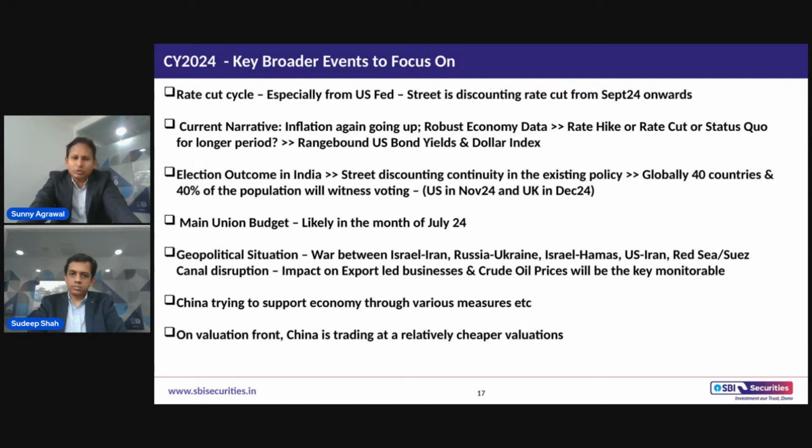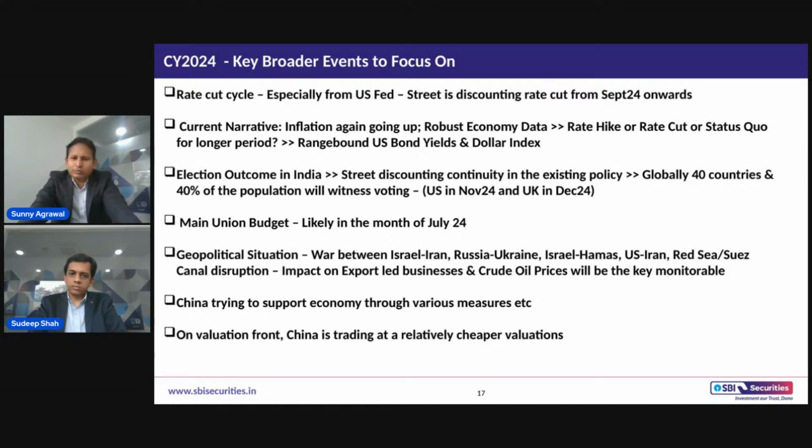Once the US Fed starts reducing the rate, we will see a snowball effect across the emerging markets. Money will start flowing back from the US bond portfolio to emerging market equities like India. At the same time, right now the narrative in the US is that inflation is slightly inching up. However, the economy continues to do well.